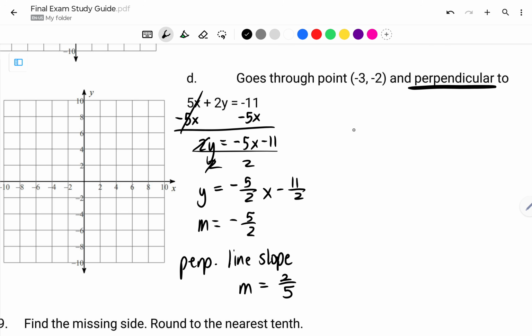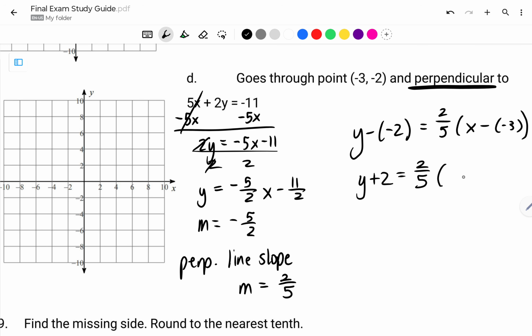And then let's create our line. It's going to be y minus -2 equals 2/5 times x minus -3. Y plus 2 equals 2/5 x plus 3. Okay?